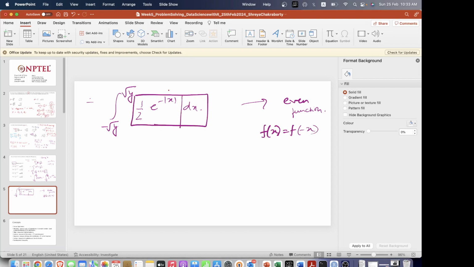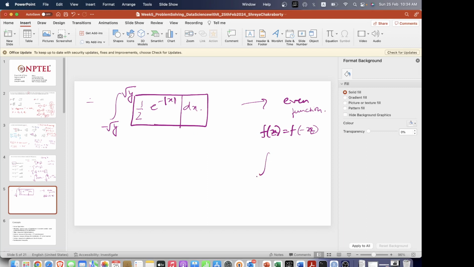This is an example of an even function. If you put plus 4, it will be half e to the power minus 4. Even if you put minus 4, since it is a modulus sign, it will also be half e to the power minus 4 only. So f of any z will be equal to f of minus z.